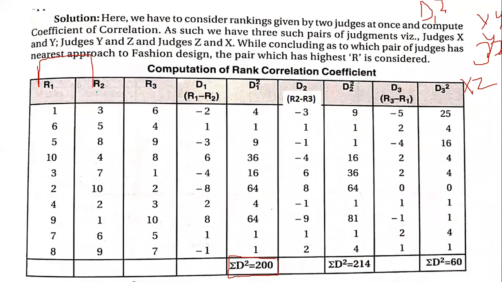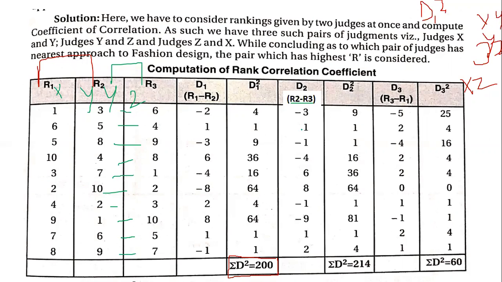Now for the next calculation, D2, I am going to consider R2 and R3. First we considered X and Y, now we will consider Y and Z. So I will find R2 minus R3: 3 minus 6, 5 minus 4, 8 minus 9, 4 minus 8, 7 minus 1, 10 minus 2, 2 minus 3, 1 minus 10, 6 minus 5 and 9 minus 7.